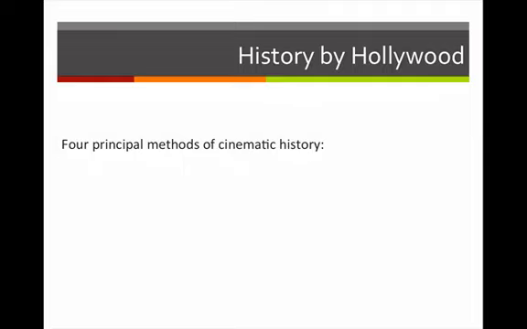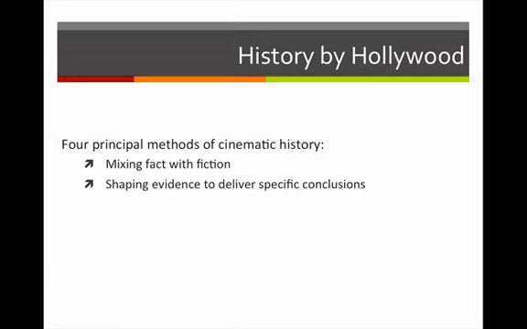So there are four principal methods of cinematic history, four principal functions that this type of fiction uses. One, they mix facts with fiction. So there's a little bit of fact in there. There's a little bit of fiction in there. They oftentimes play kind of loose with the blend of the two.